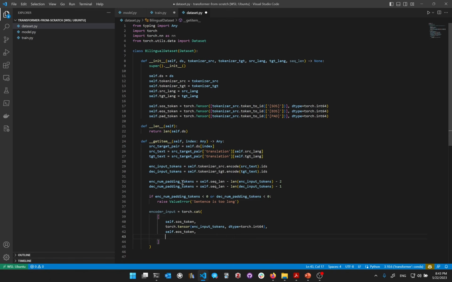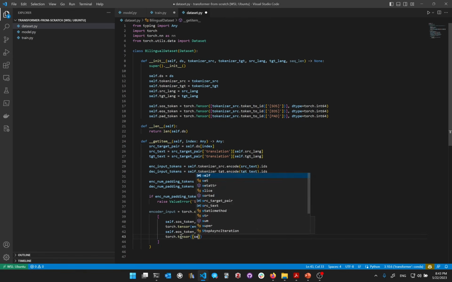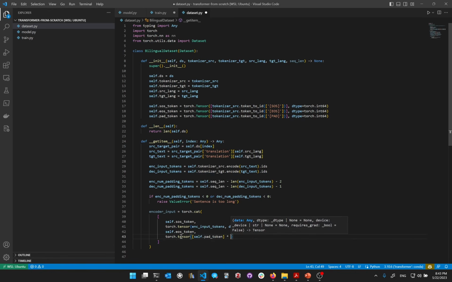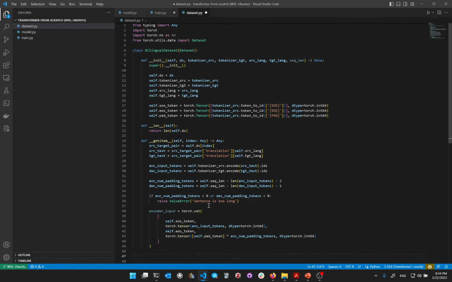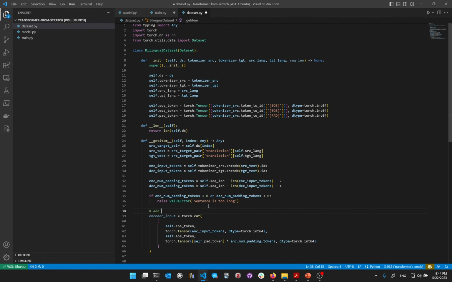We already calculated how many padding tokens we need to add to this sentence, so let's just do it. And this is the encoder input. So let me write some comment here. This is add SOS and EOS to the source text.